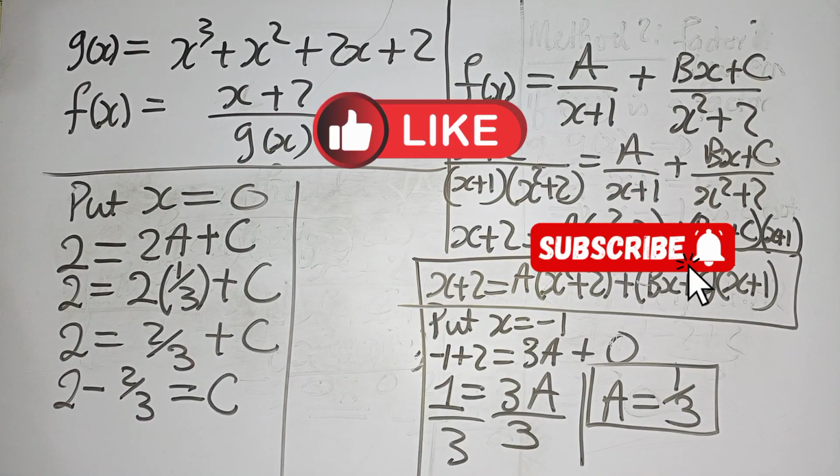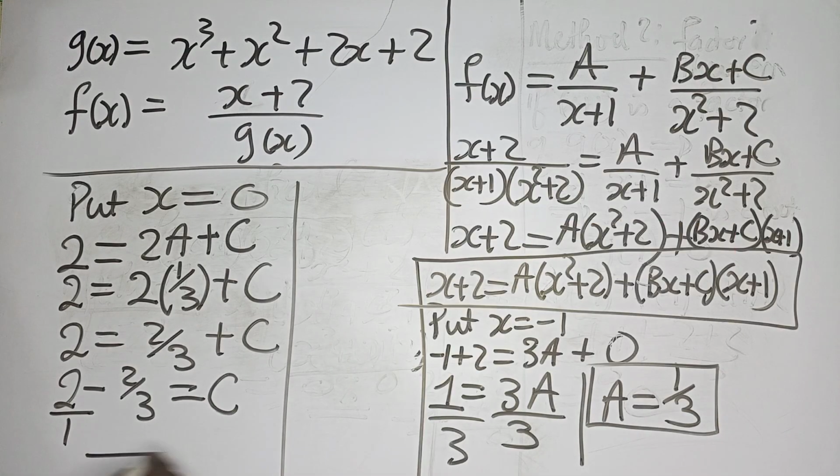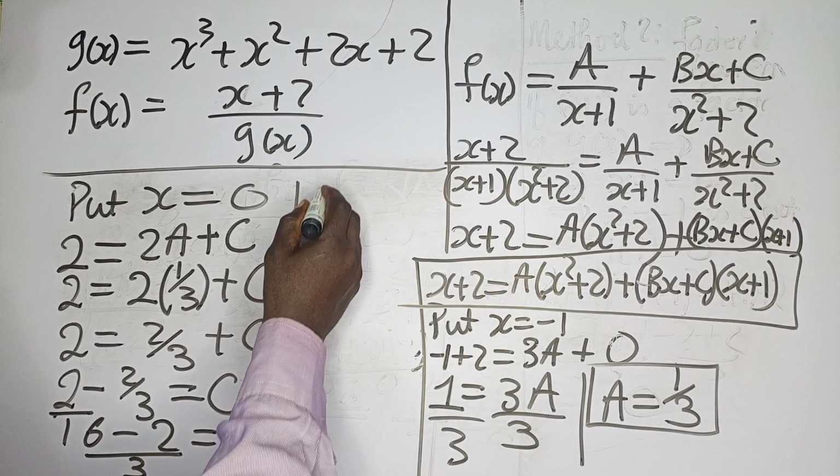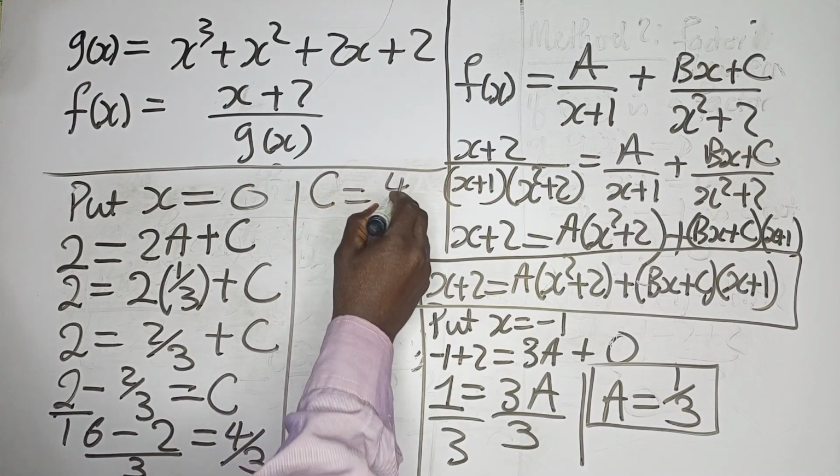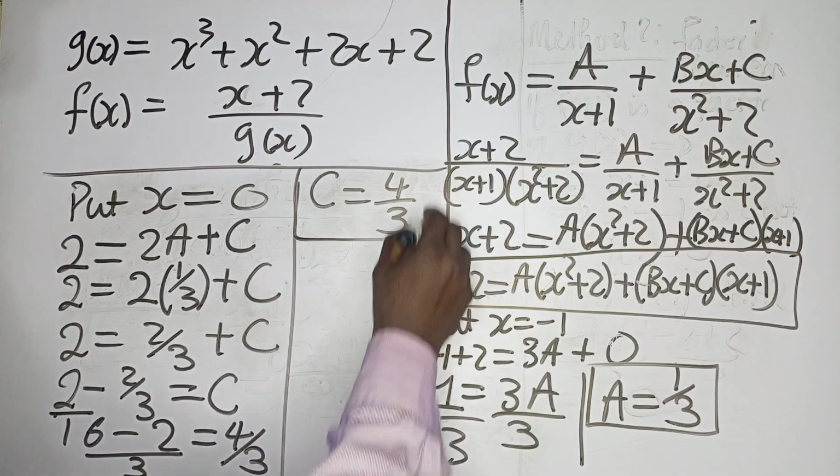So what do we get there? We can also make this a fraction. So the LCM is 3. 3 divided by 1 is 3, multiplied to 2 is 6. 3 divided by itself is 1, multiplied to 2 is 2. So this gives us 4 all over 3. So the value of c is 4 all over 3.